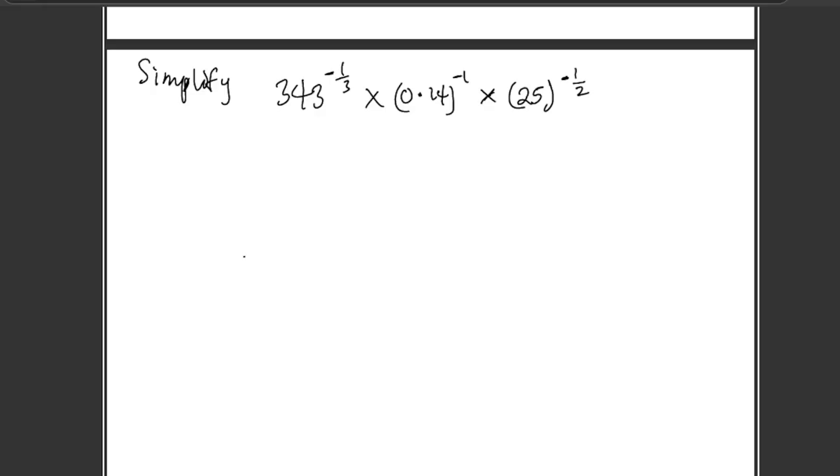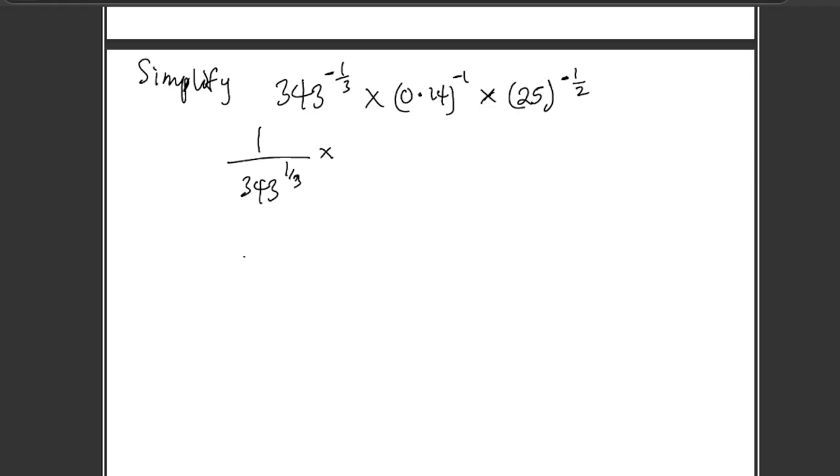Let's start with that. So what happens here? This becomes 1 over 343 to the power 1 over 3. If you remove the negative sign, you have 1 over the whole number with the index, except that the negative sign is removed. That's why you are saying 1 over. Then, as for the second number, before we remove the negative sign, let's try to convert the number to a fraction first.